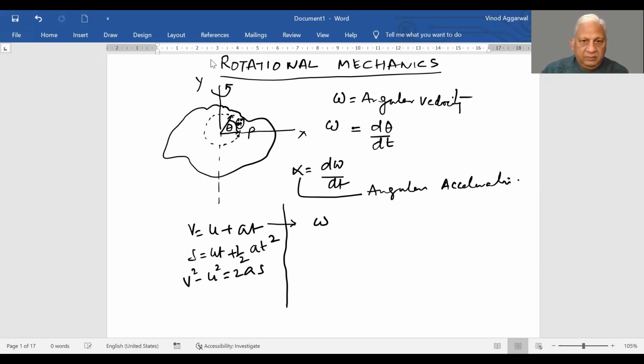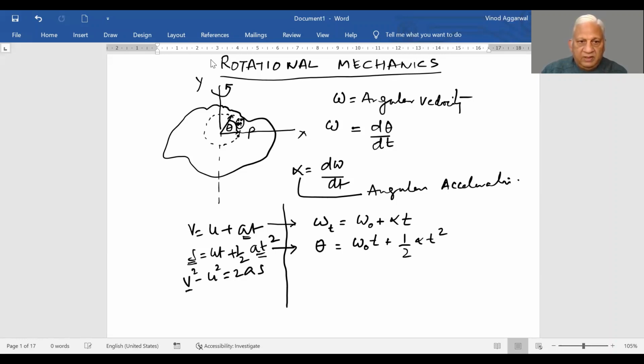omega at any time t is equal to initial omega plus alpha t. Instead of acceleration, we have alpha. Okay, s is the linear distance covered. In our case, it will be theta. Theta is equal to initial angular velocity times t plus half alpha t square. Instead of acceleration, we will take alpha.